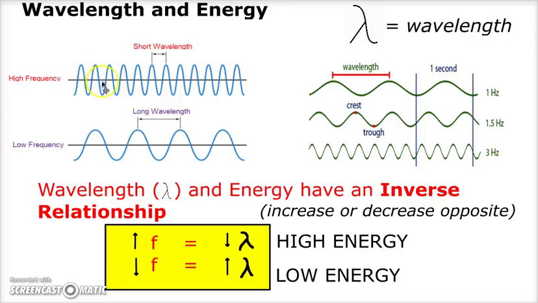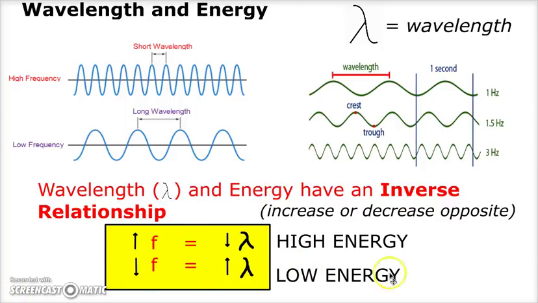Remember, high frequency takes more energy, but that means we have a short wavelength. Low frequency requires less energy, but that means we have a longer wavelength. So wavelength and energy have an inverse relationship.